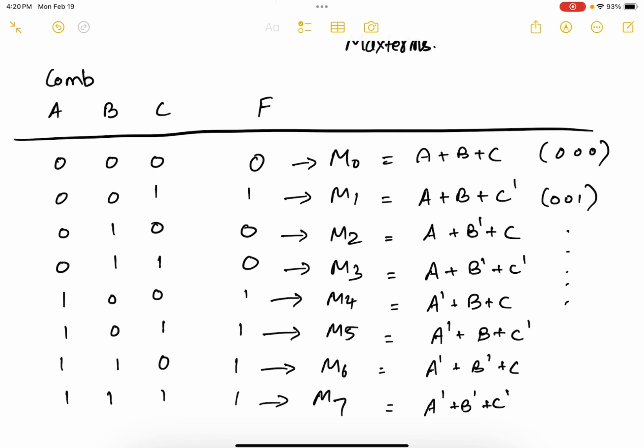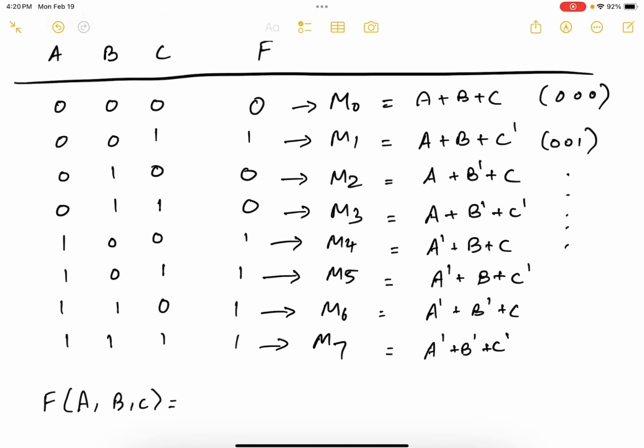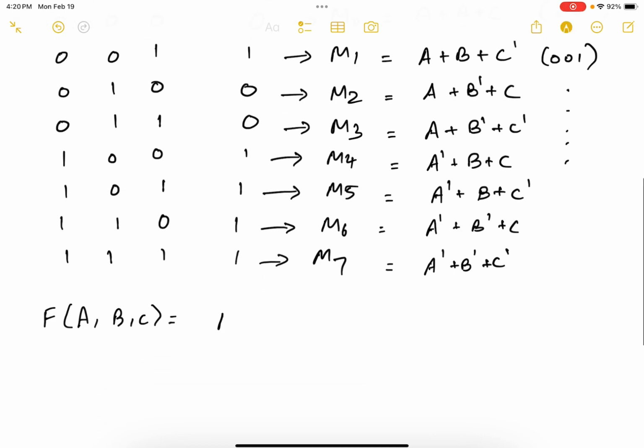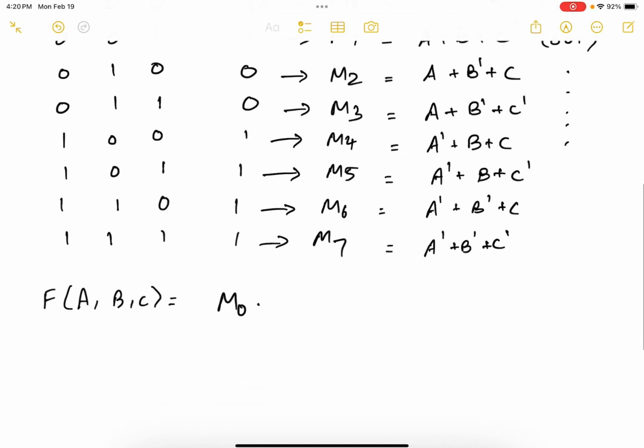So for minterms, we look at the ones, and for max terms, we look at the zeros. So this equation in max term form can be written as F of ABC equals max term 0 and max term 2 and max term 3.